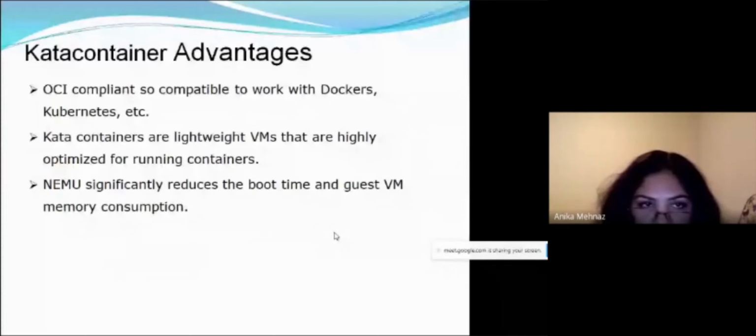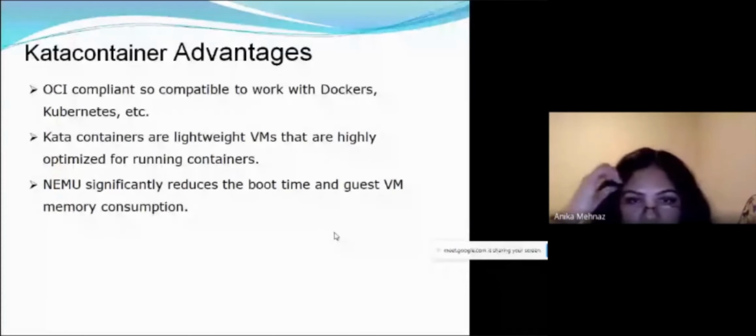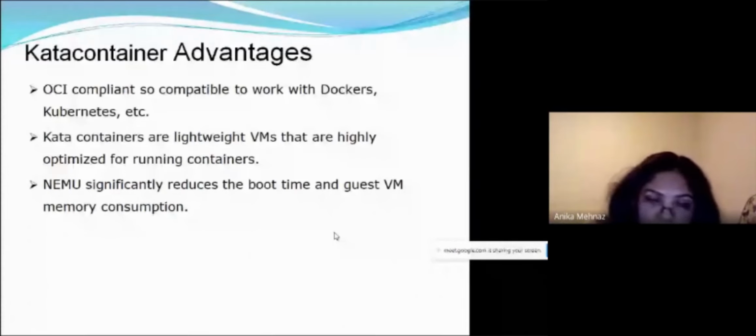Kata Containers are OCI compliant, so they are compatible to work with Docker, Kubernetes, etc. Kata Containers are lightweight VMs that are highly optimized for running containers, and NEMU significantly reduces the boot time and the guest virtual machine memory consumption.